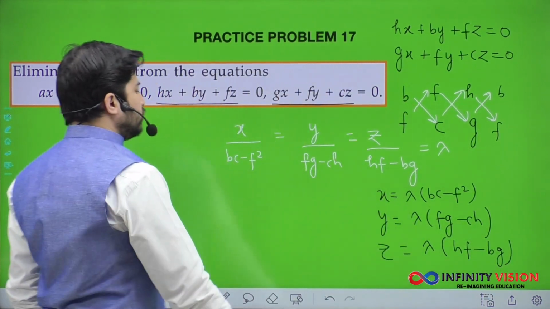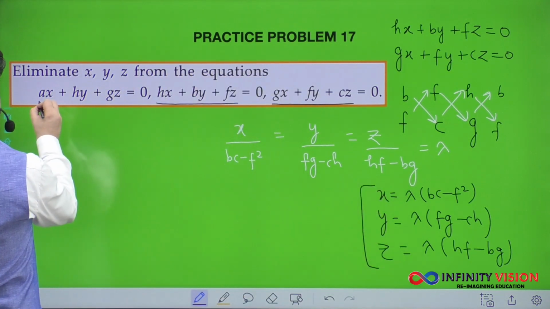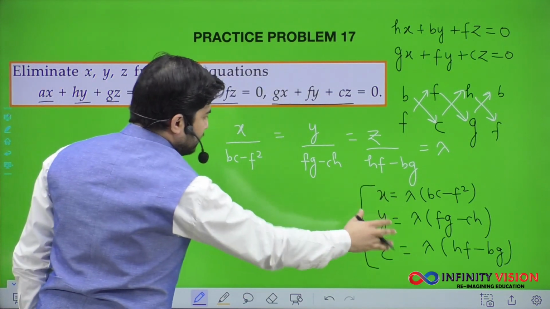Now what we are going to do is replace xyz from here using these 3 equations.